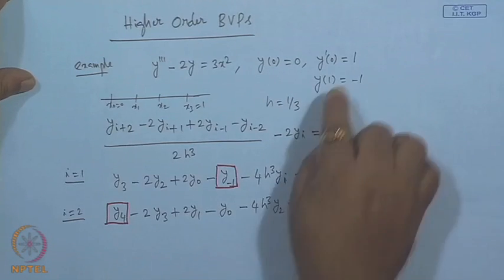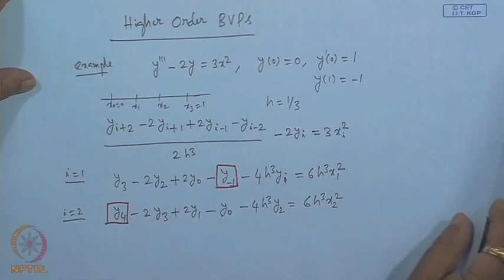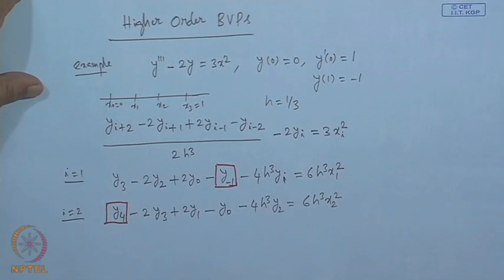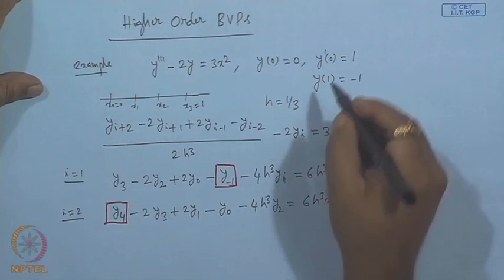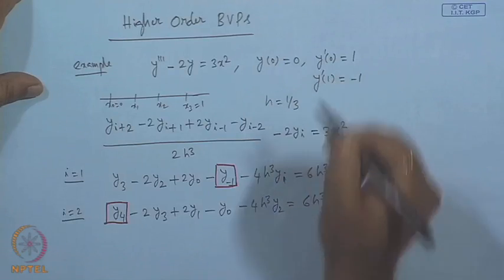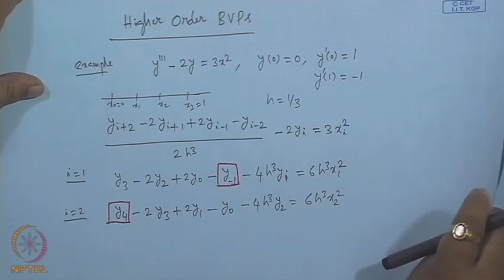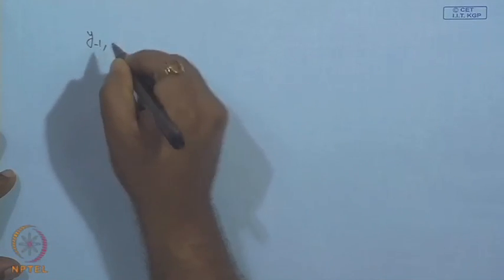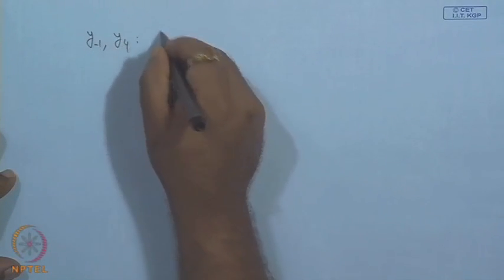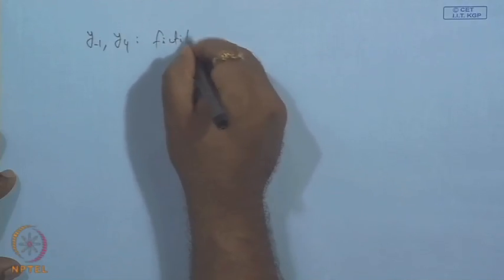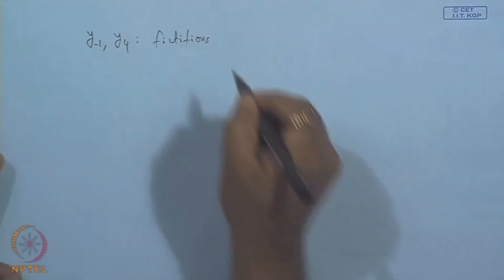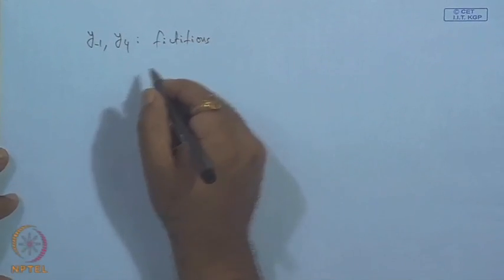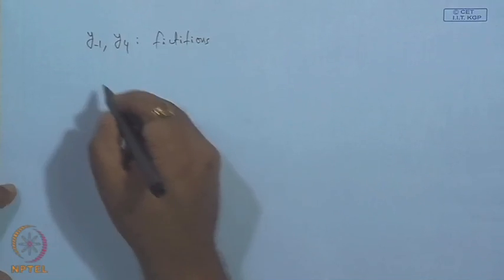So, now let us look at the boundary conditions. So, the boundary conditions, this is y prime. Okay. So, let us discretize the boundary conditions. So, we start as follows. So, these are fictitious.